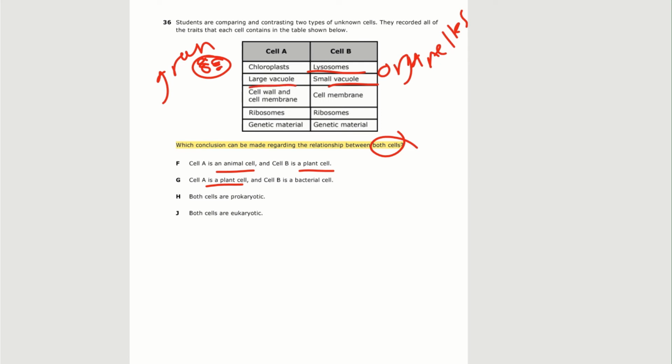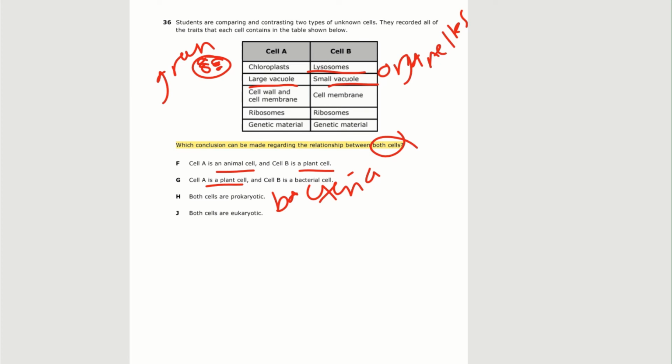Well, they both have a vacuole, right? They both have little organelles, right? What are prokaryotes? What are they always going to be? What are they only going to be? Bacteria. So it looks like although B might not be a plant, it might also be a eukaryotic cell like you. So J was your answer, guys.